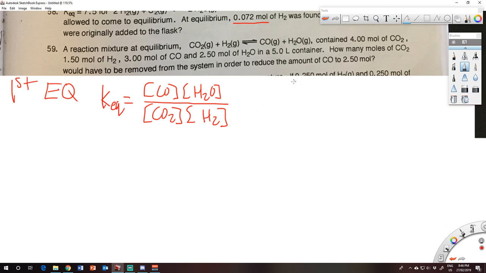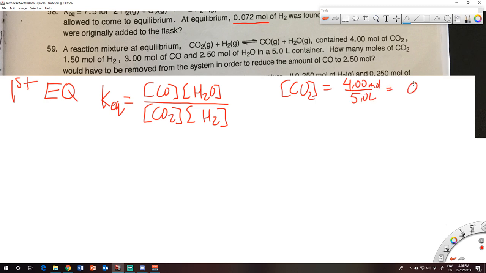All right, so we can do this at first equilibrium. Let's calculate the CO2, since it's listed first. 4.00 moles over 5 liters, so this is going to be 0.8 molar.